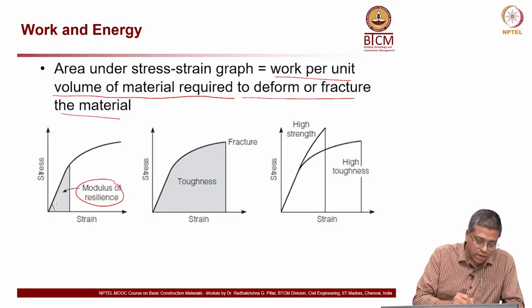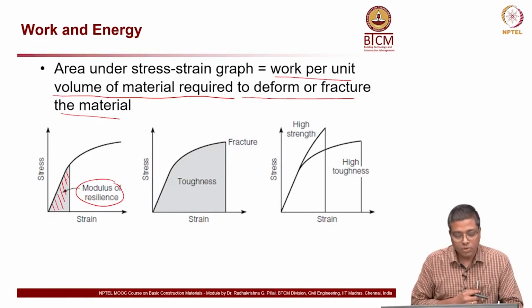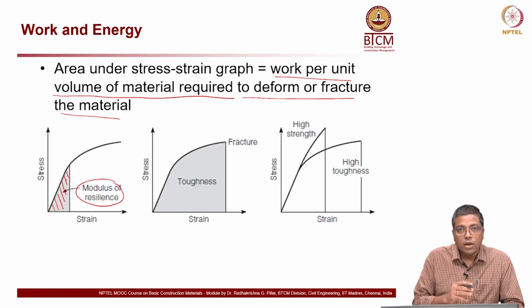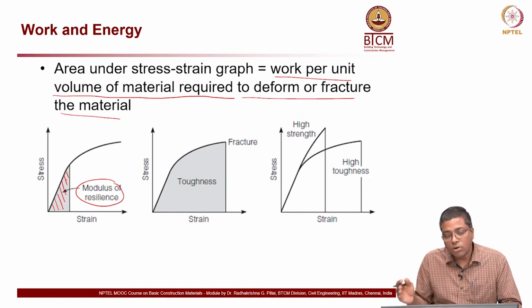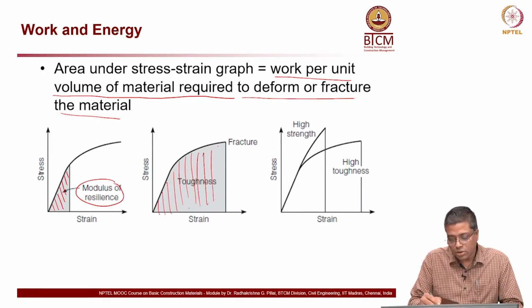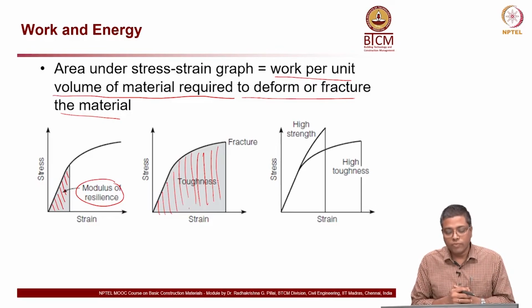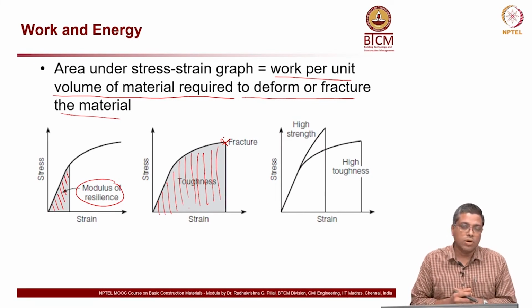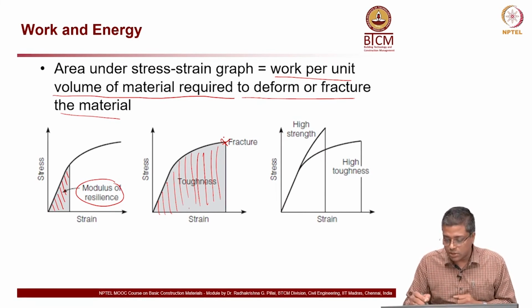That is essentially the area under the curve until the yield point, or let us say in the elastic region of the graph. When we also consider the plastic region, that is where we really look at the toughness, because we also talk about plastic deformation of the material, and until fracture, that area under the curve we call the toughness of the material.